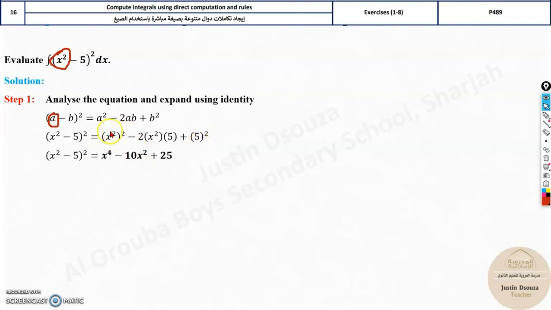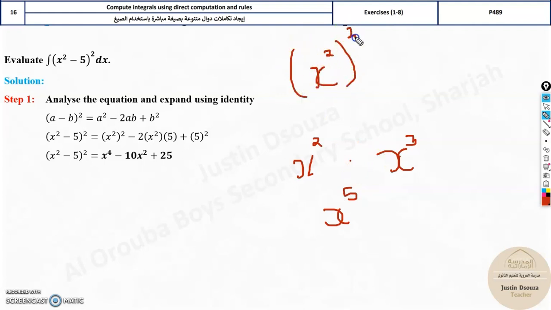Always remember, if it is x power 2 multiplied by x power 3, you're going to add the powers. It's going to be 2 plus 3, which is 5. But if it is x squared the whole power 3, then you will have to multiply the powers.